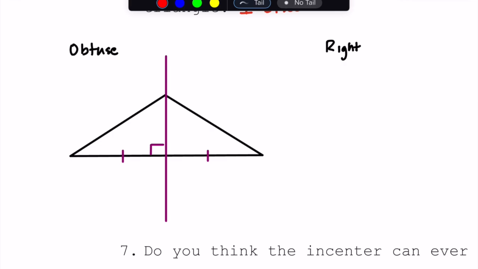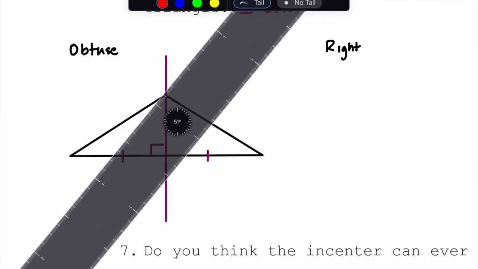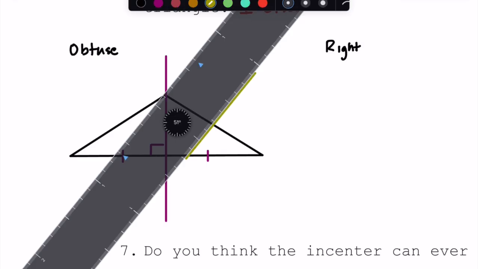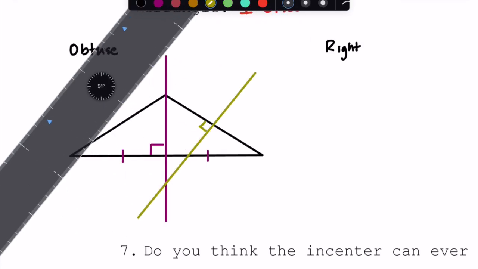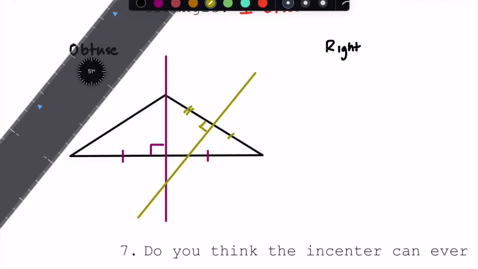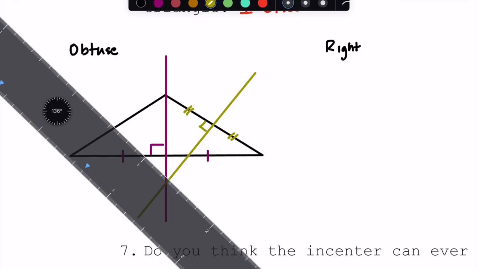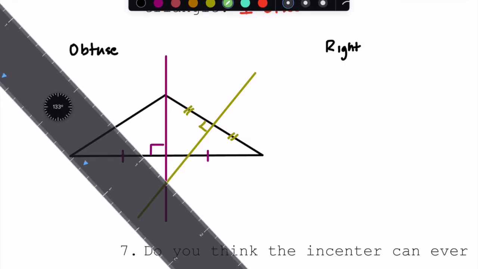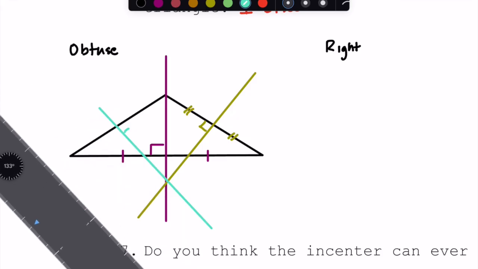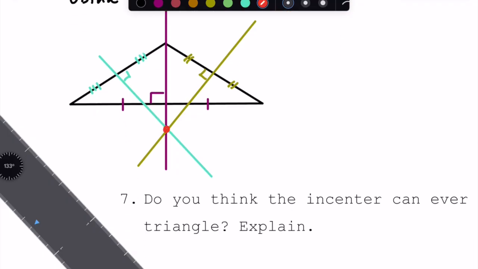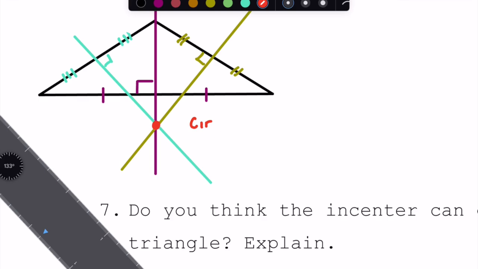So now let's do the same for the other side. So here I have this side right here, and I'm going to draw a line perpendicular to that side, and it's going to split the side into two equal halves. And then I'm going to go here and draw the perpendicular bisector. So you can see it's perpendicular and it splits the side into two equal halves.